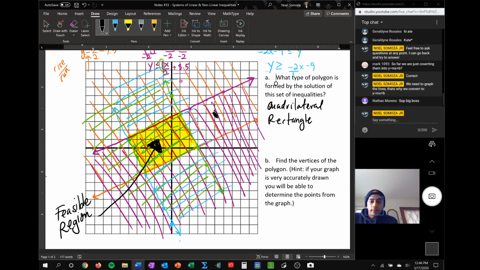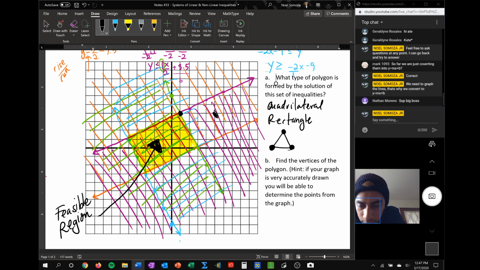The next thing would be to find the vertices on the polygon. The vertices are essentially where the lines all make connections. Think of a vertex of a shape, like if it was a triangle, the vertices would be the points where all the lines connect. So in our case, you can see closely that I have a point of intersection here, the green line and the purple line, right here.